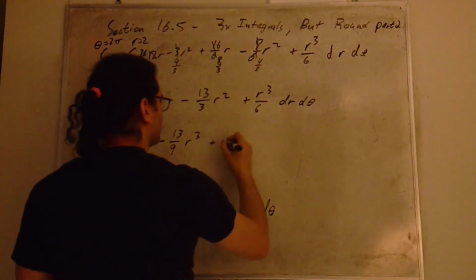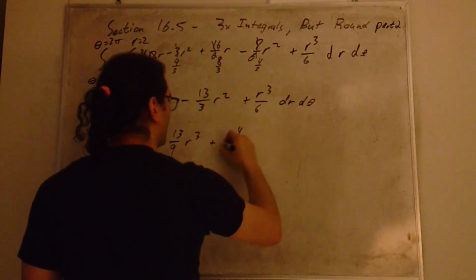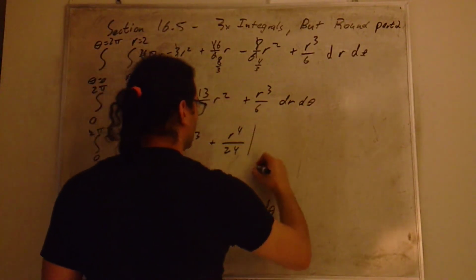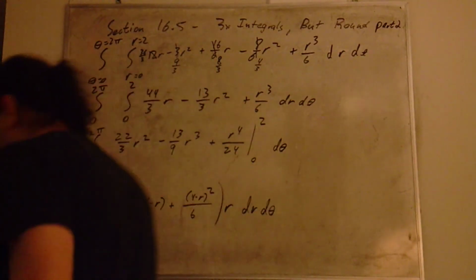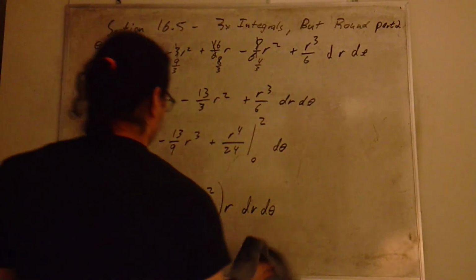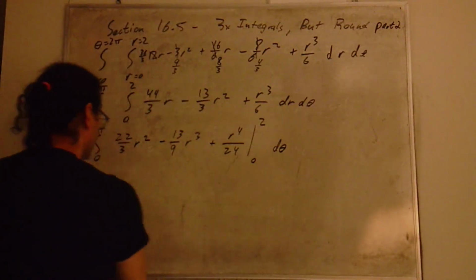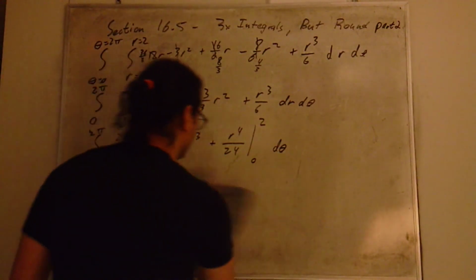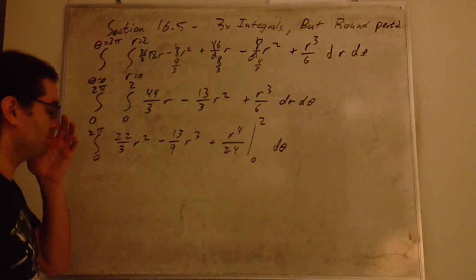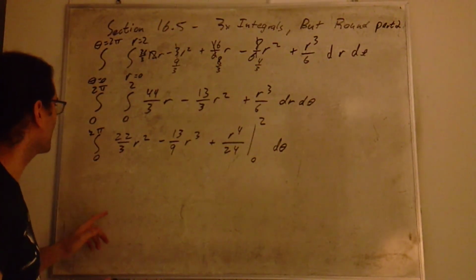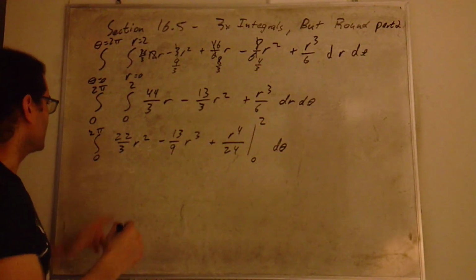This is going to be r to the 4th over 24 from 0 to 2 d theta. There's a lot of fractions going on in here. I probably should have done this problem before I videotaped myself doing it. That's fine, we got this.